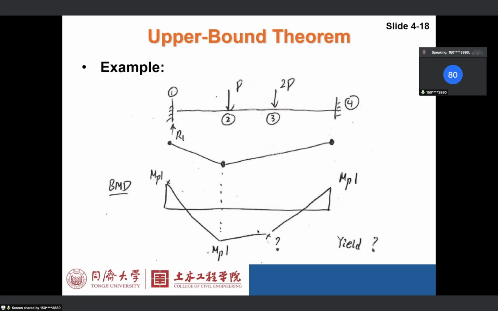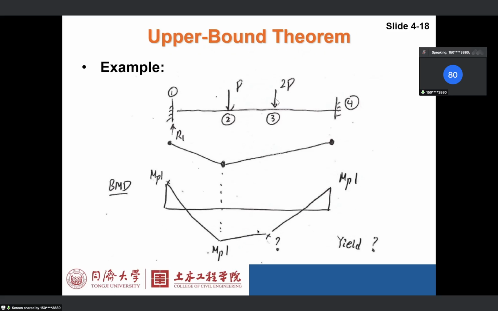For now, at least the number of plastic hinges is correct. We have 3 plastic hinges to form a 2-bar mechanism, so the mechanism condition is satisfied. However, how about the yield condition? This is the thing that we need to confirm.